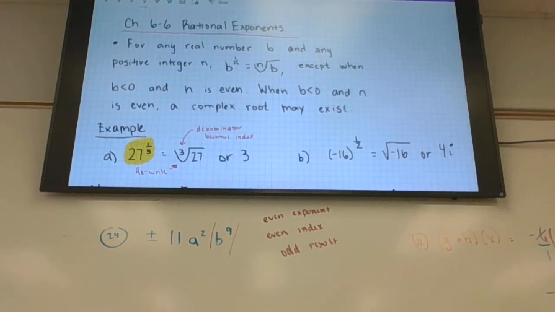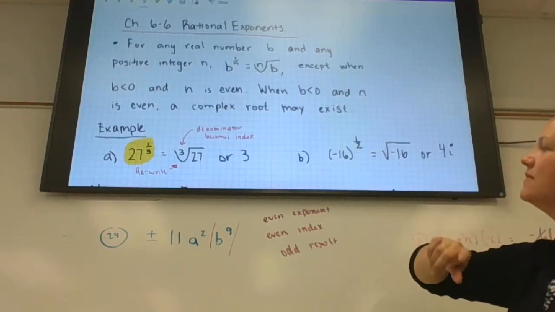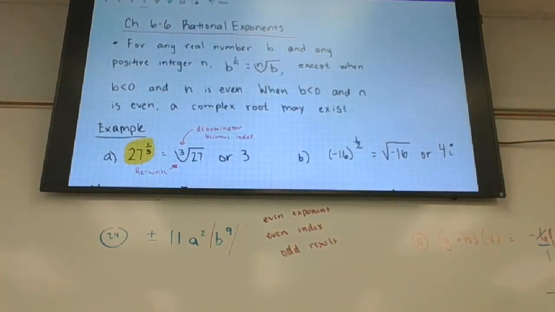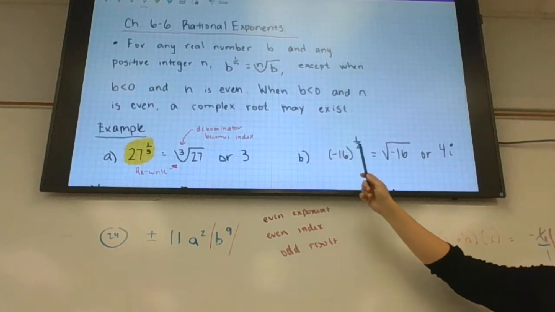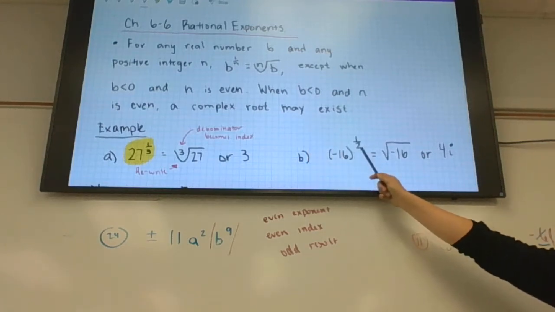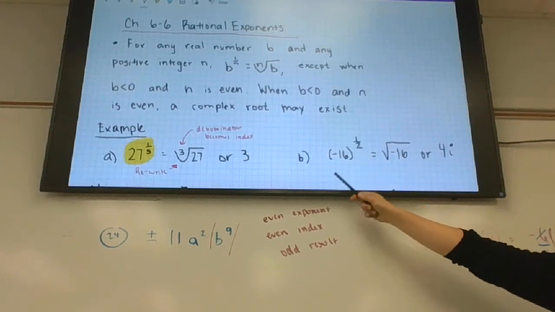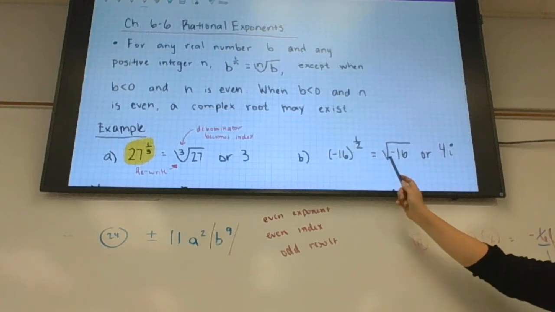So let's look at the definition here. For any real number b, and any positive integer n, b to the 1/n is the same as the nth root of b, except if b is less than 0 and n is even. When b is less than 0 and n is even, you get imaginary numbers. So here, your base is less than 0 and n is 2, so we have an imaginary answer because this is a square root.